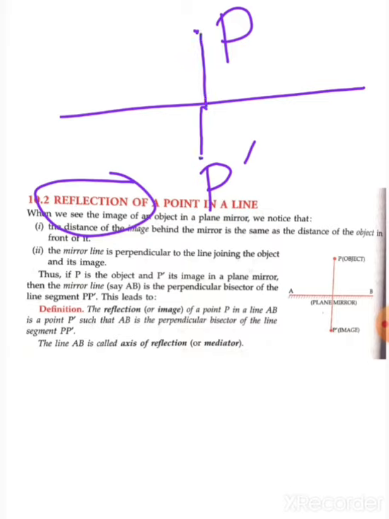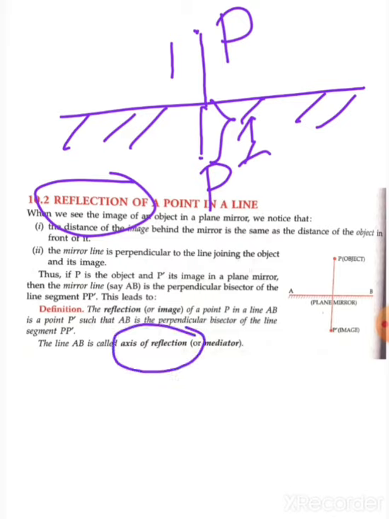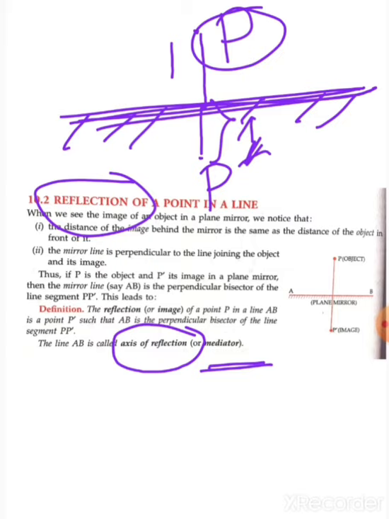Suppose this is 1 centimeter, then definitely this distance also will be 1 centimeter. And one more thing you have to know, this line is called the axis of reflection or mediator, and P dash is the reflected image of P.